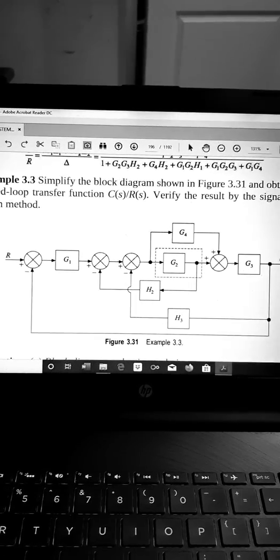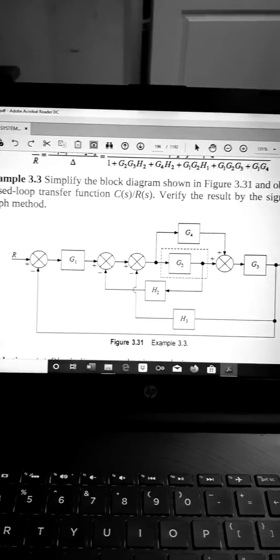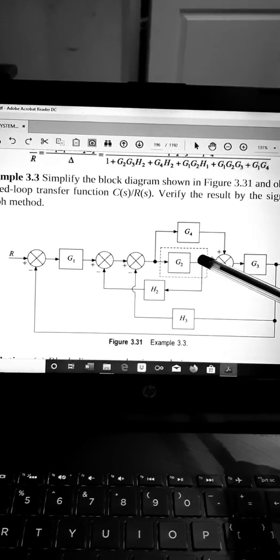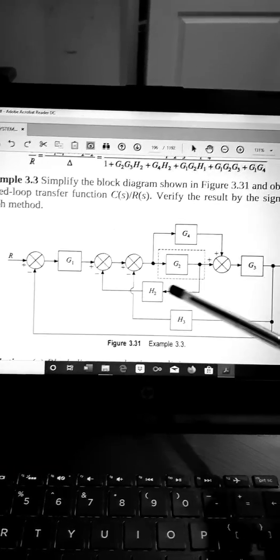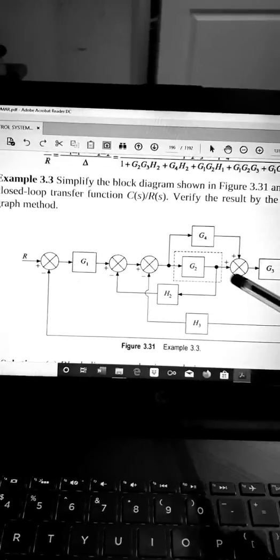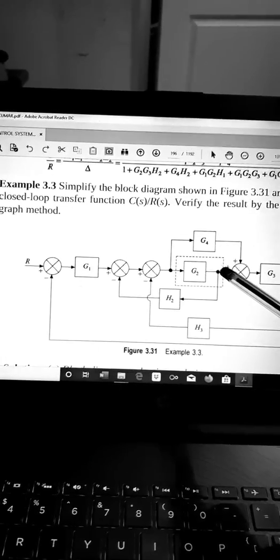This will give some problems. So what you need to do, the same way as in the previous problem, is to move this branching point from here to here.